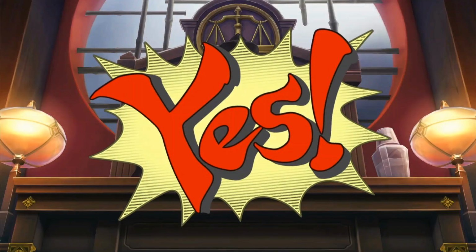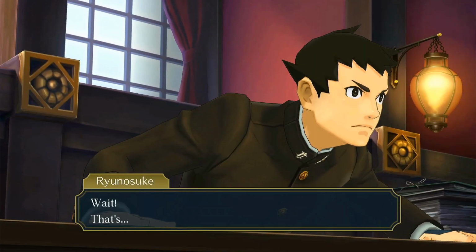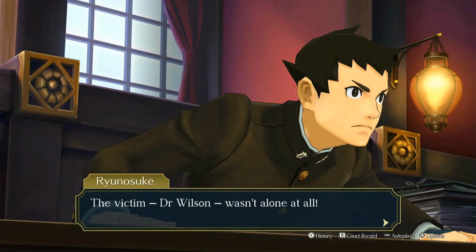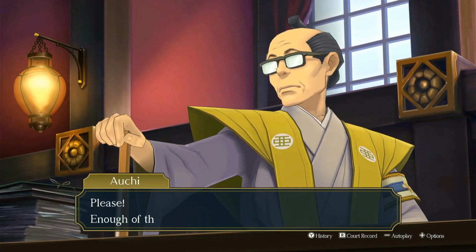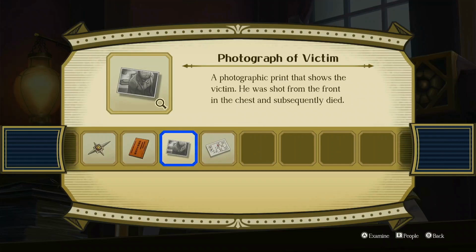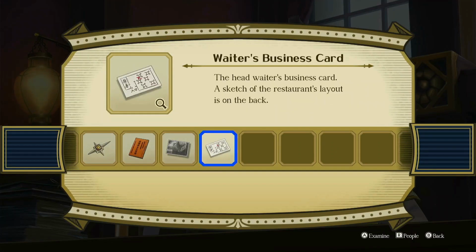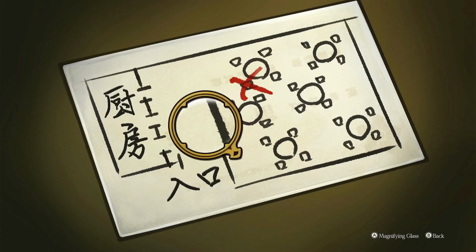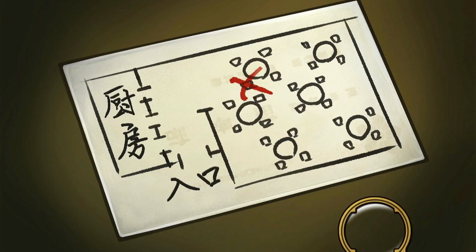These testimonies are certainly okay then. Yeah, you shouldn't interrupt the judge. Wasn't alone at all. But how exactly can we prove that? I mean, our evidence doesn't exactly show much. I mean, there's the business card showing that, but like, no, doesn't show that anything was erased either, huh?